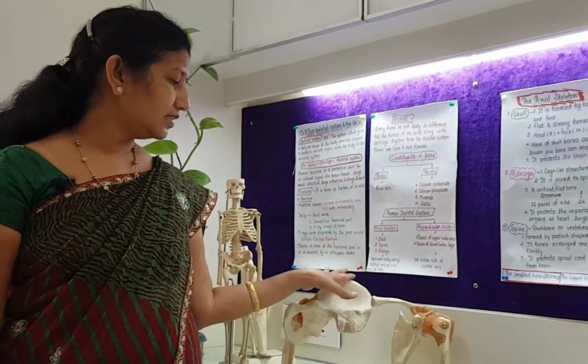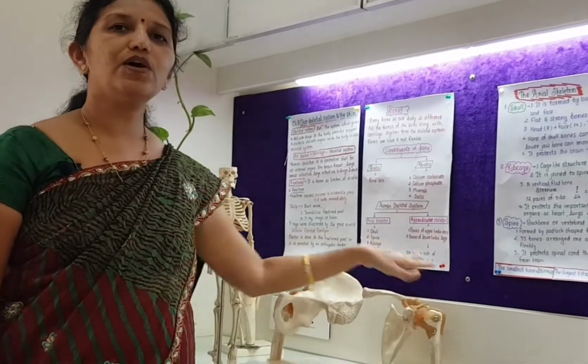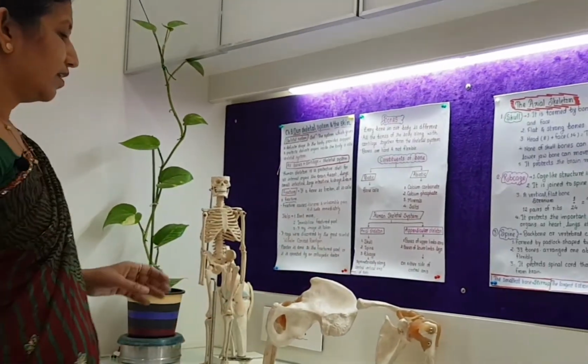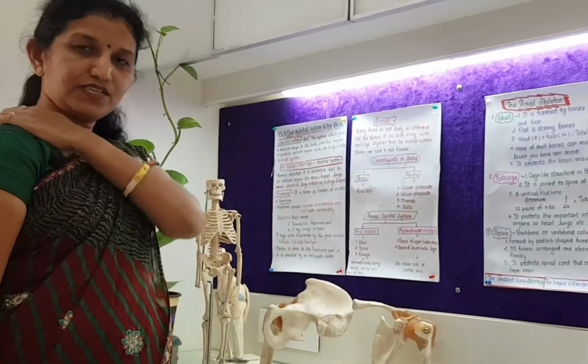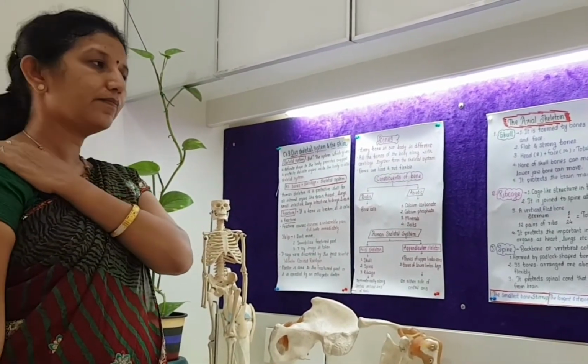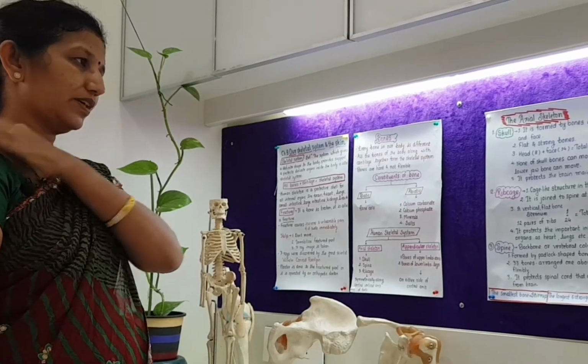So this is the example of ball and socket joint, Ukhlicha Sandha, because this fits in this clavicle. That's why these are ball and socket.